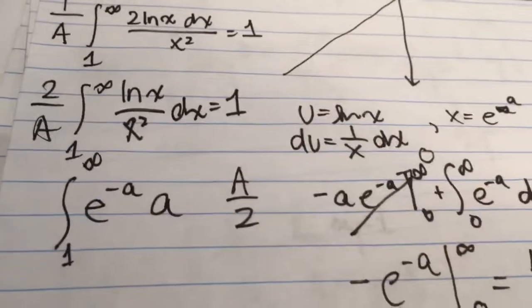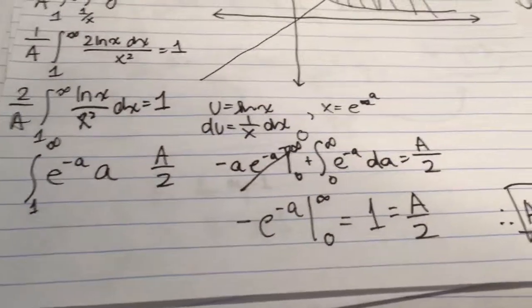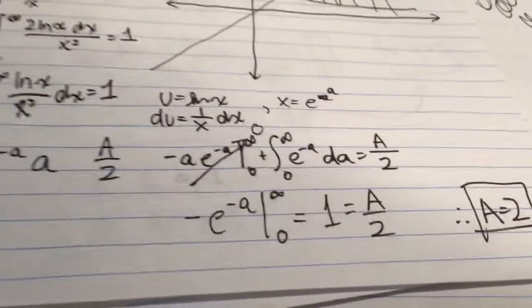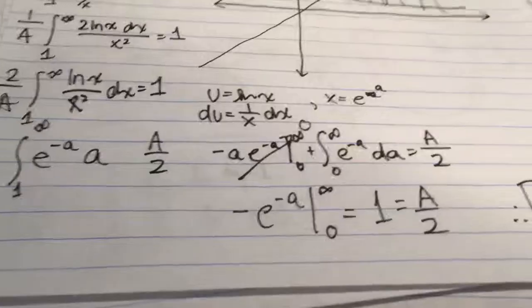From our previous work, we have already shown that it is equal to 1 when a equals 2. So that's how we found a in the first place. So that's how we know it's equal to 1.